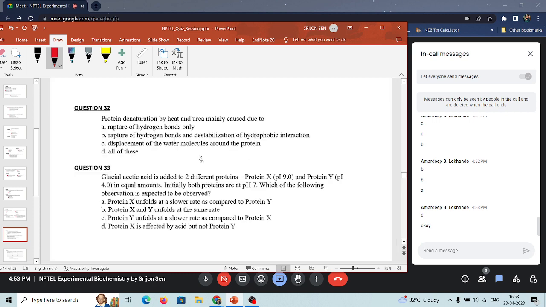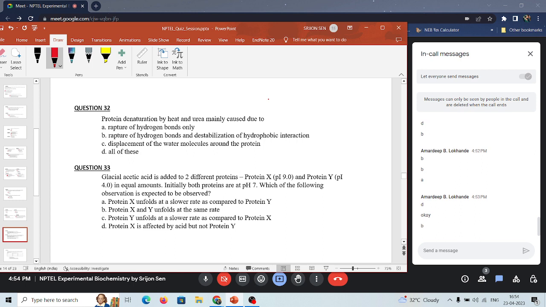Okay. Protein denaturation by heat and urea mainly is caused due to? So what does heat and urea mainly do? They rupture the hydrogen bonds and destabilization of hydrophobic interaction.